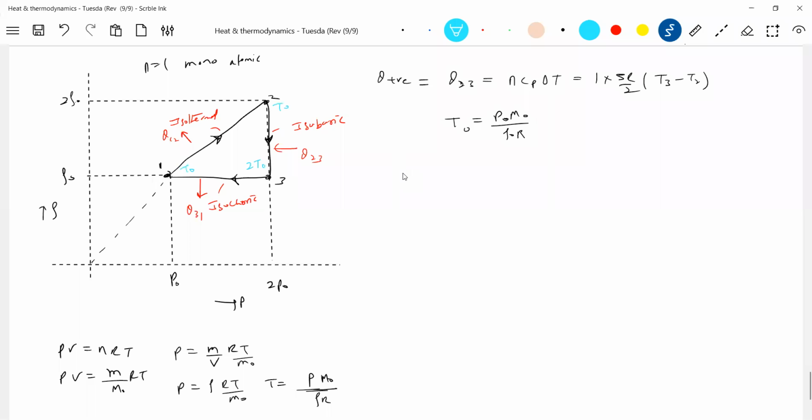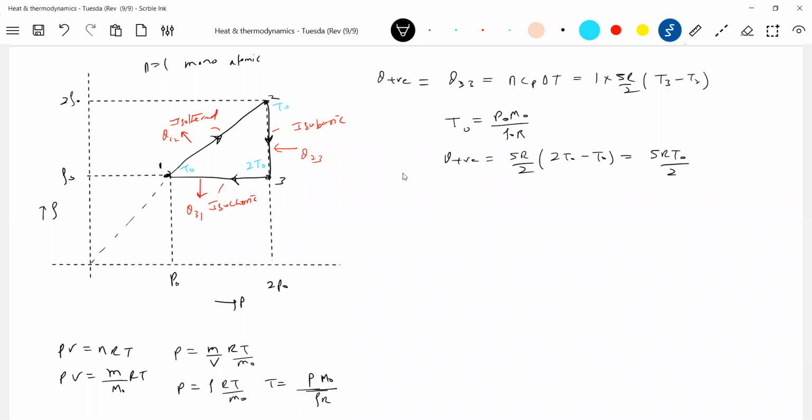Okay, I think we are in a better position now. So what is T3? 2 T naught. What is T2? T naught. Then later on, T naught, I'll write P naught, M naught by rho naught R. I think this will really trouble you a lot in the exam. Better, if you pick up such numericals, you'll be in a better position. So this will be 5R T naught by 2. But we don't have anything for temperature, no?